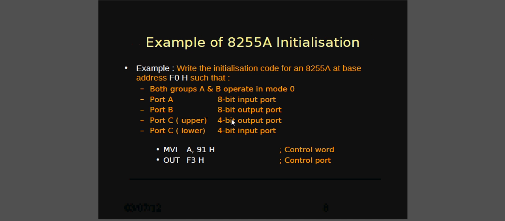That is the example of how we can set either we want to make the port A, B, C input or output. That is the setting, and then we send the setting out to F3H.